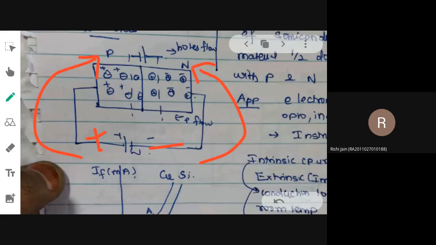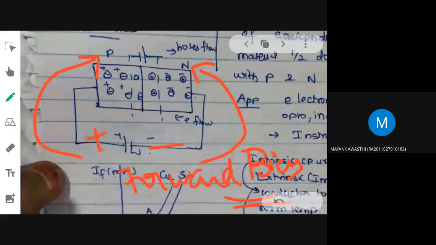Positive is connected to the P and the negative is connected to the N. If you give such biasing, what biasing condition will that be called? Forward bias. Plus is connected to P type and minus is connected to N type, then only it will be called forward bias.